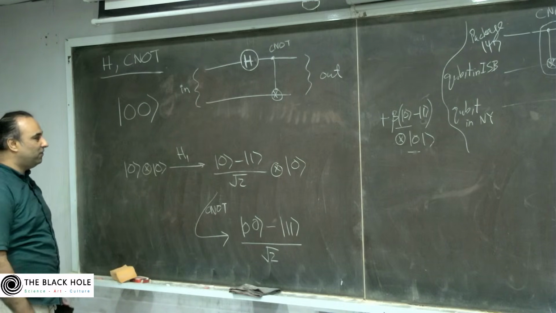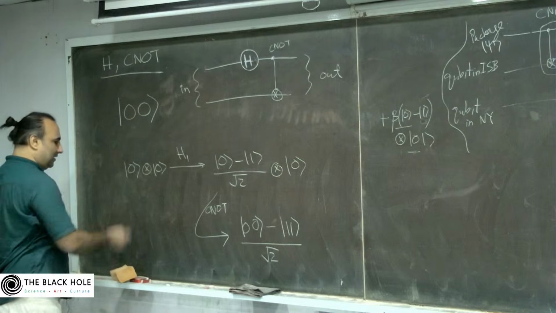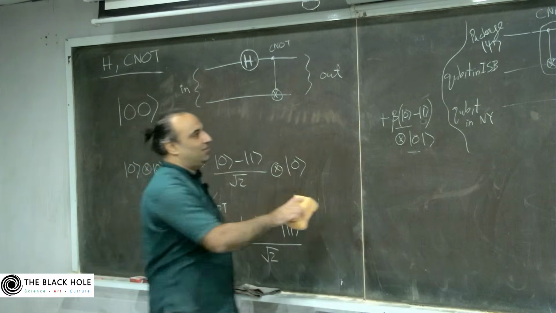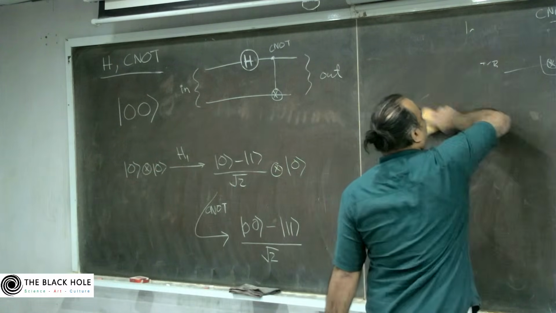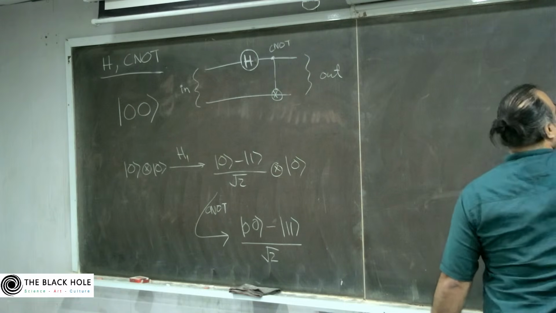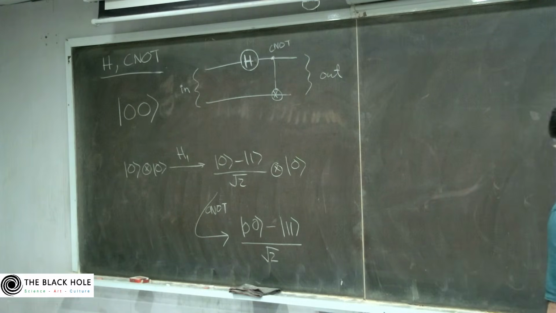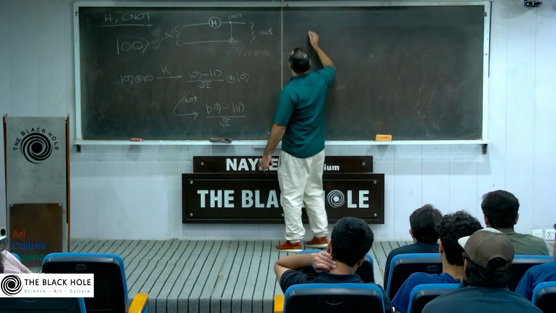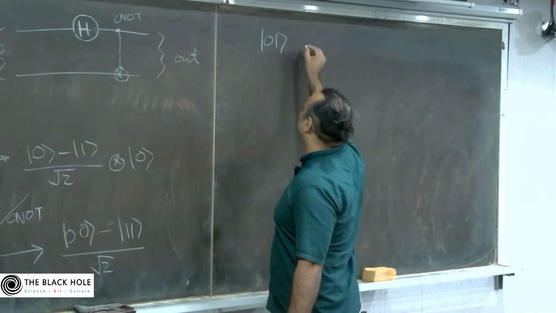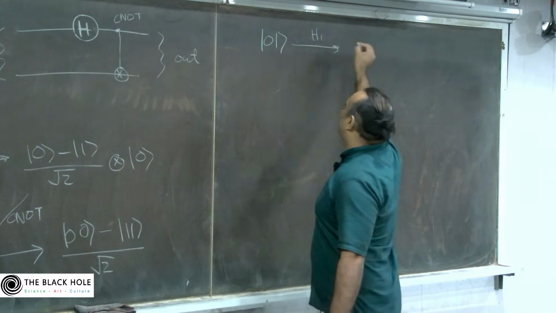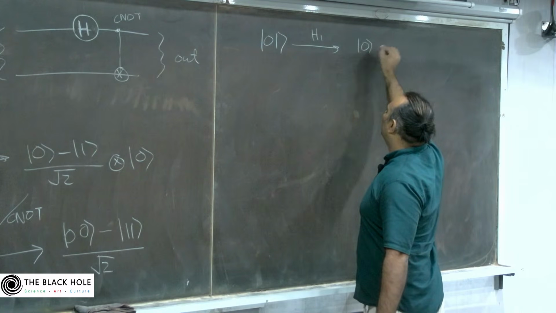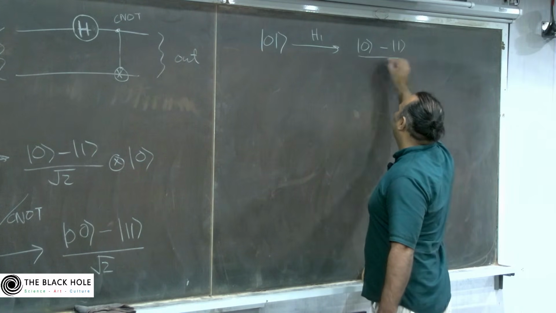And if you start with another state, suppose you start with 0 1, then H on the first qubit gives you again 0 minus 1.